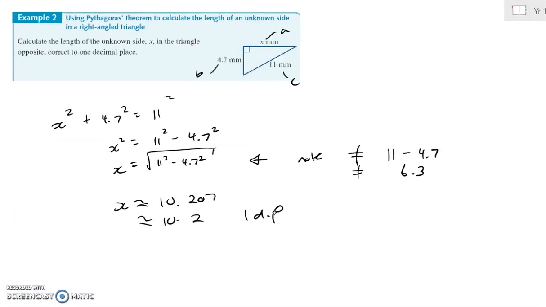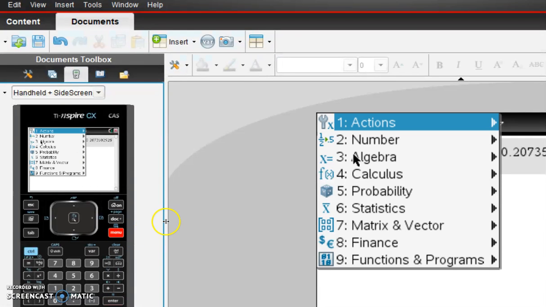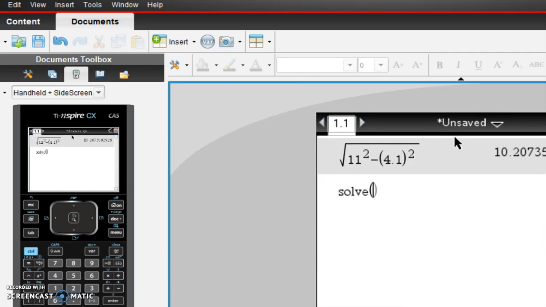Or we could use solve. So menu, 3, 1, solve.